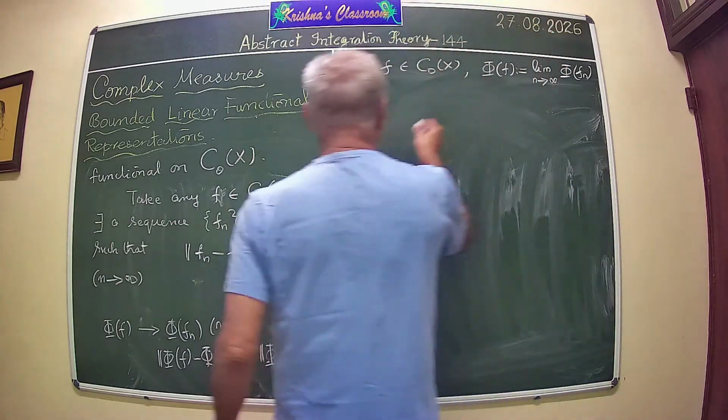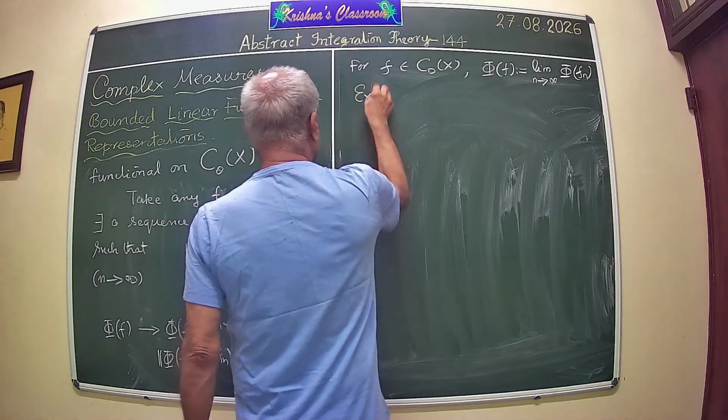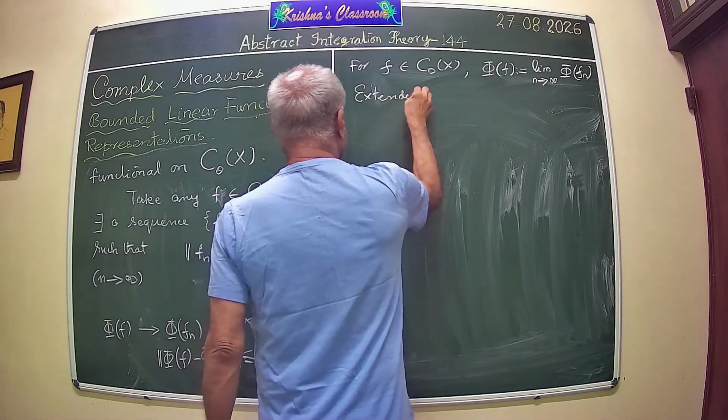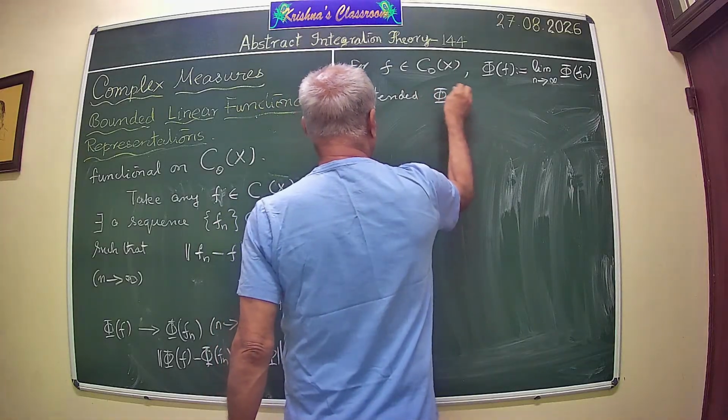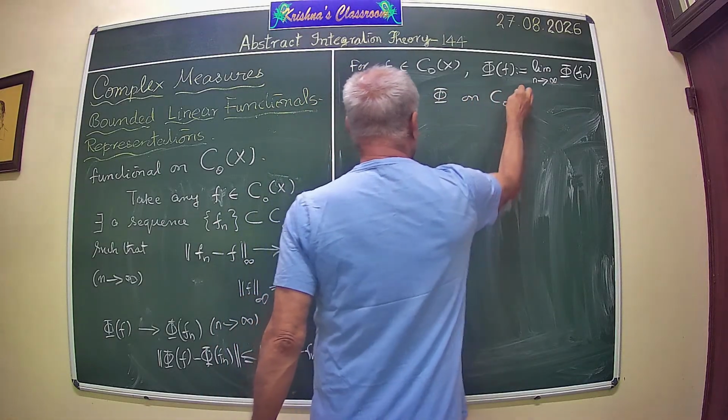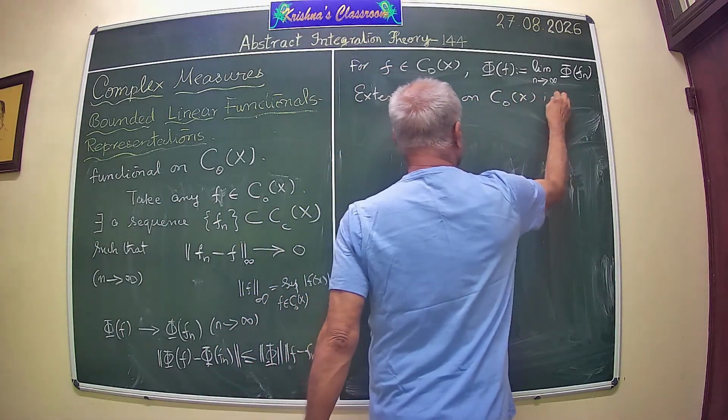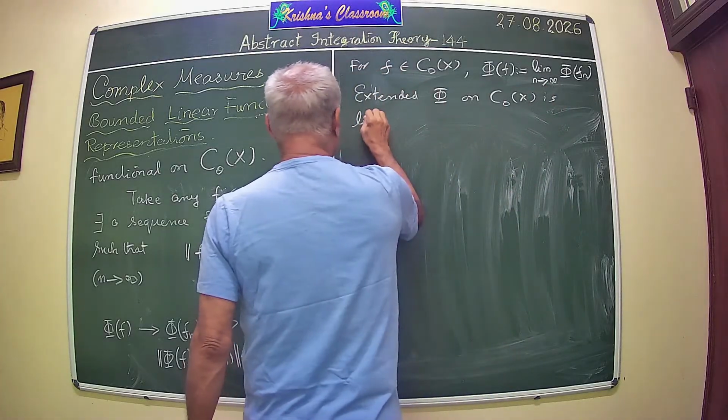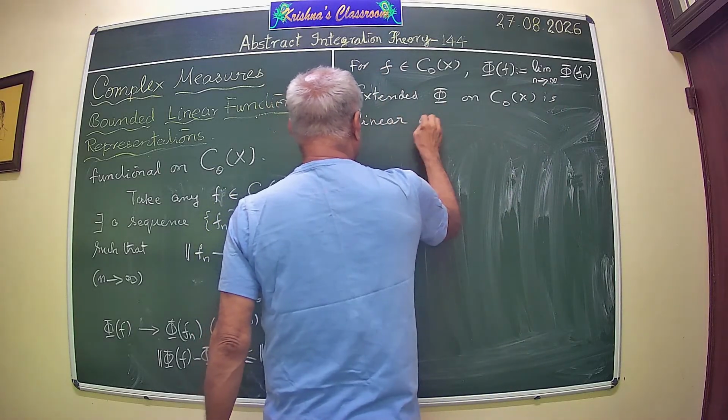And such an extended phi is linear and bounded.